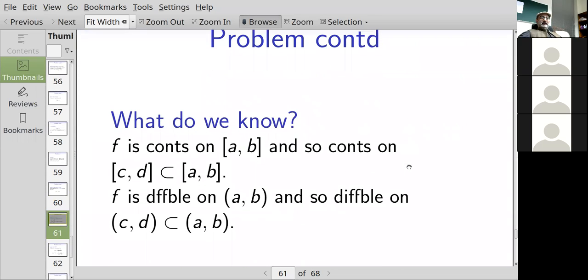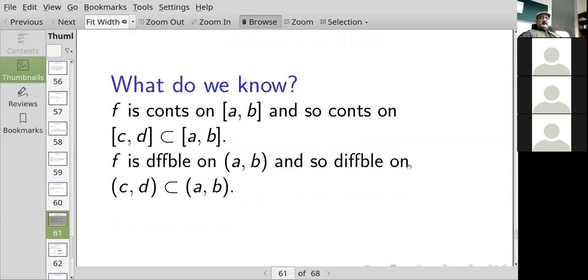Now, if we were given that F is continuous on [a, b] and differentiable on the interior of (a, b), then F will be continuous and differentiable on smaller subintervals.